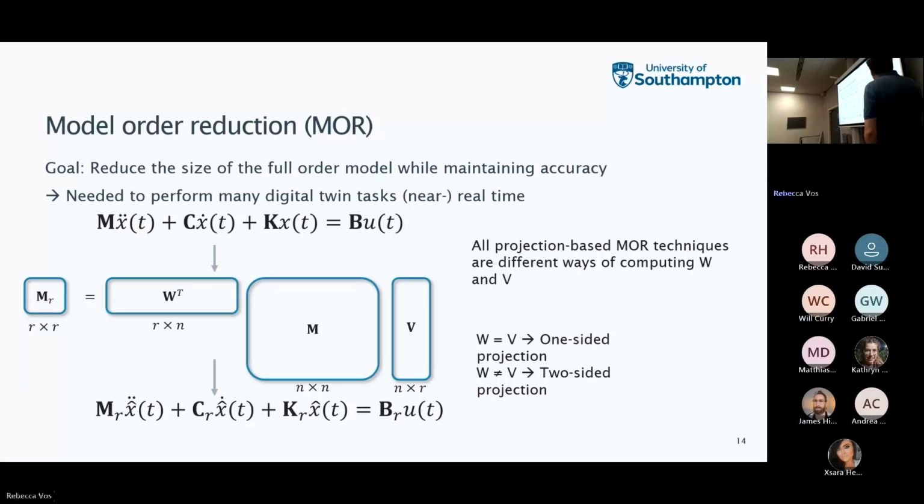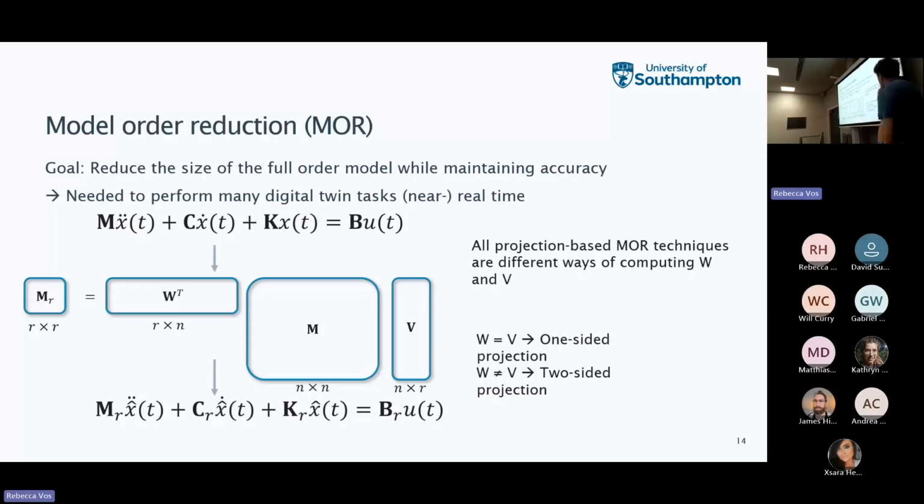There are lots of different model order reduction techniques available, but they're all based around this idea, at least all the projection-based techniques, that we have to find a suitable W and V to get this small matrix so that we can run this equation, hopefully in real time, in the actual application.